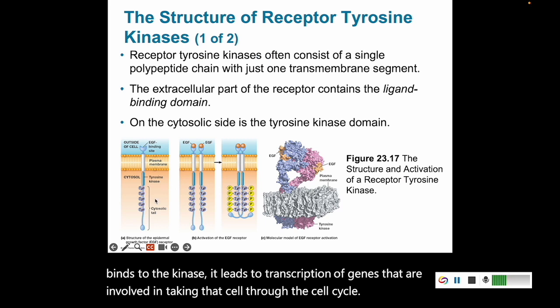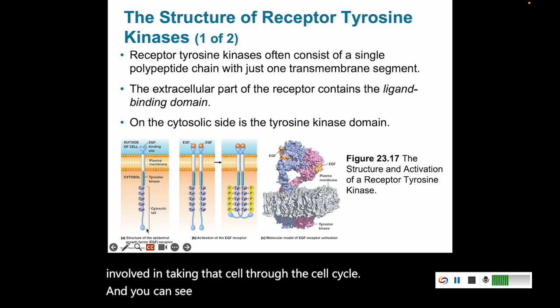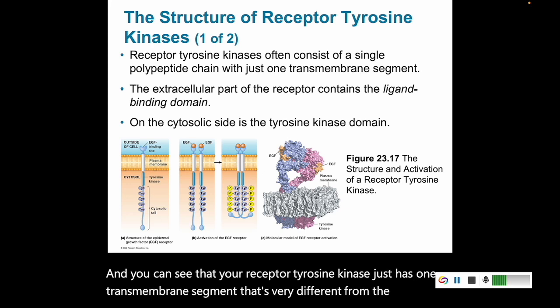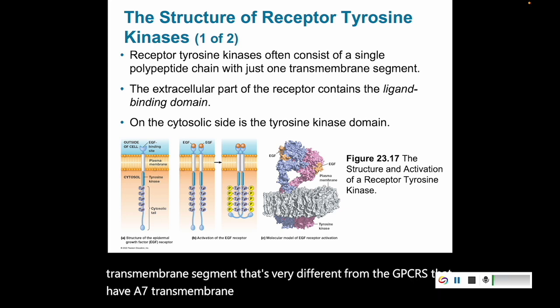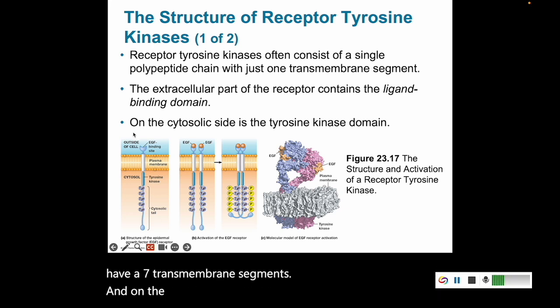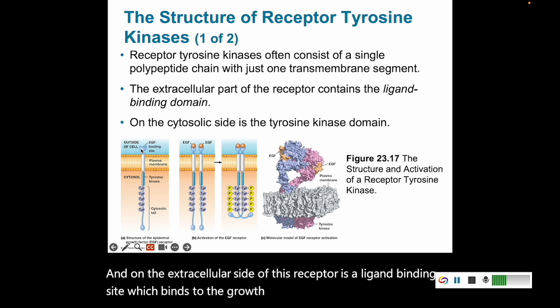And you can see that your receptor tyrosine kinase just has one transmembrane segment. That's very different from the GPCRs that have 7 transmembrane segments. And on the extracellular side of this receptor is a ligand binding site, which binds to the growth factor or whatever its ligand is.